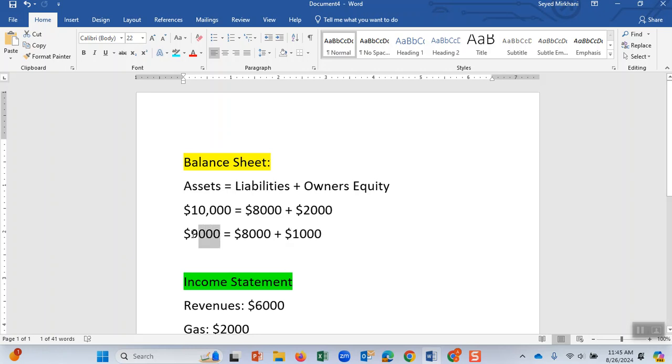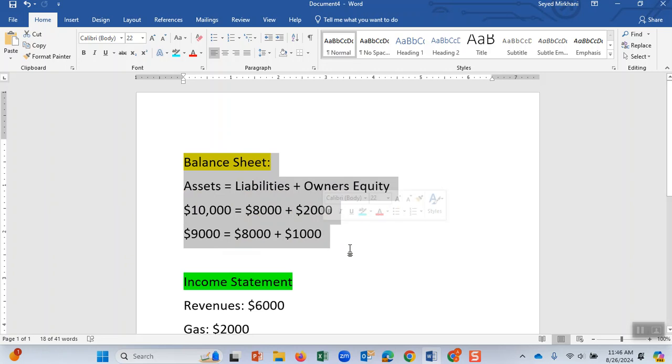Therefore, on this side of the equation we have $9,100, and on this side we will have $9,100. Do you see? That's why it is called the balance sheet. It's always balanced. That means this side of the equation and this side of the equation are supposed to be balanced at all times.